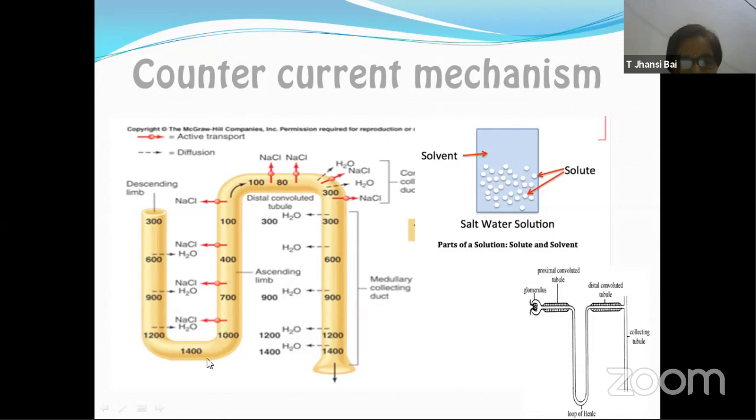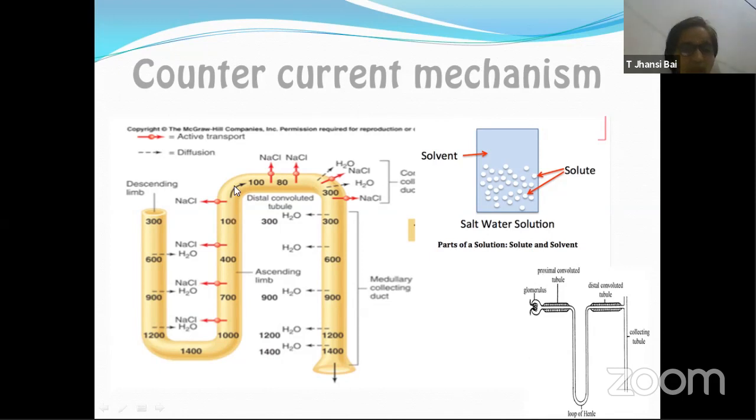But again, when the nephric filtrate starts moving upwards, we know that it is sodium which is diffusing out. Part of the sodium diffuses out actively, and in the upper regions, passively. Along with sodium, we find chloride moving out too. So when solute particles move out, what happens to osmolarity?